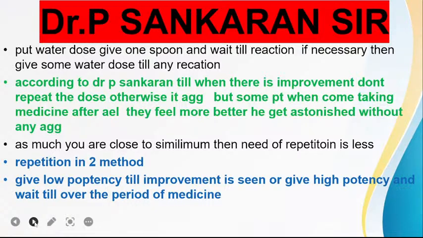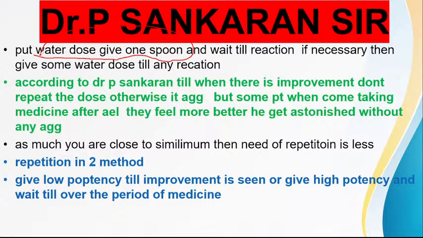What method did Dr. P. Sankaran use? He usually put one or two globules in 100 ml of water, making a water dose, and if he had to give a single dose, only one time, he put one spoon and gave it to the patient and watched for any type of reaction.